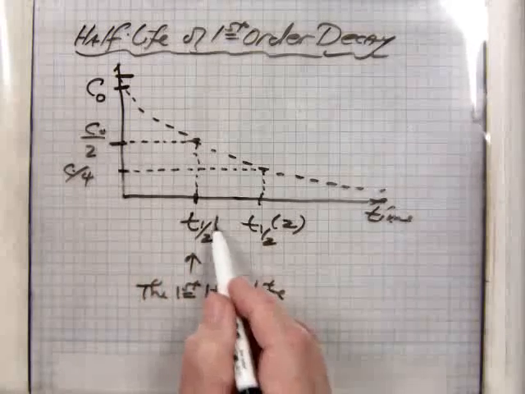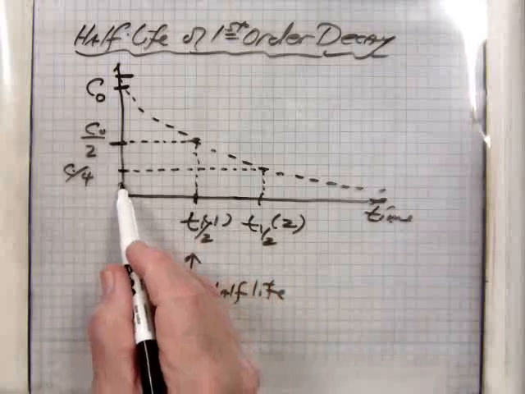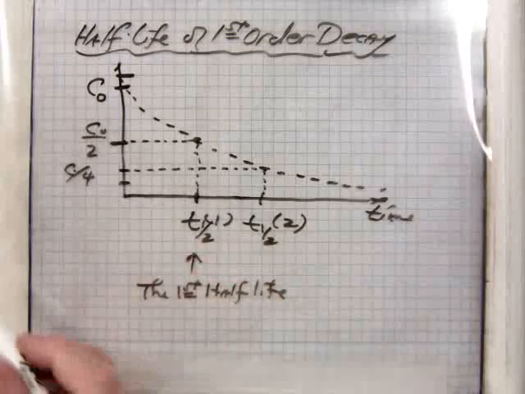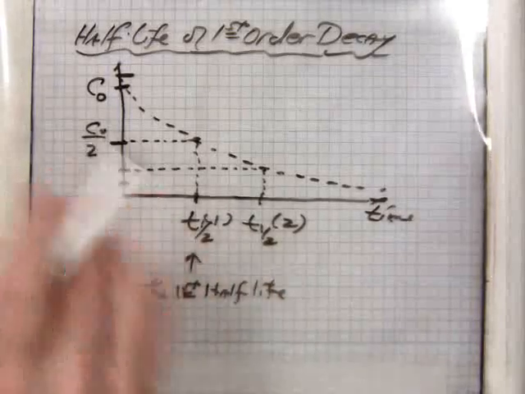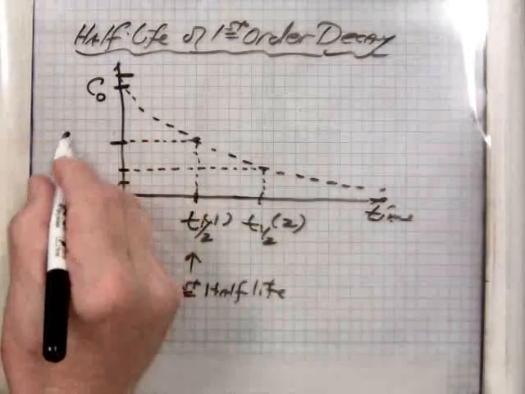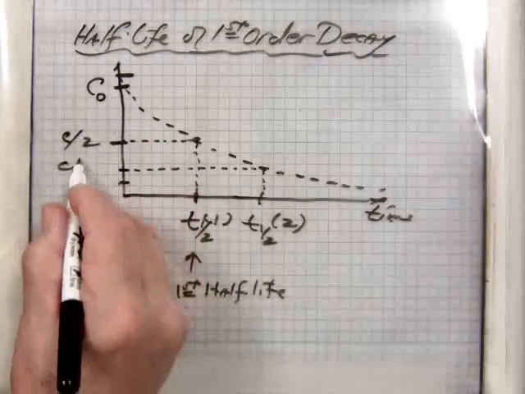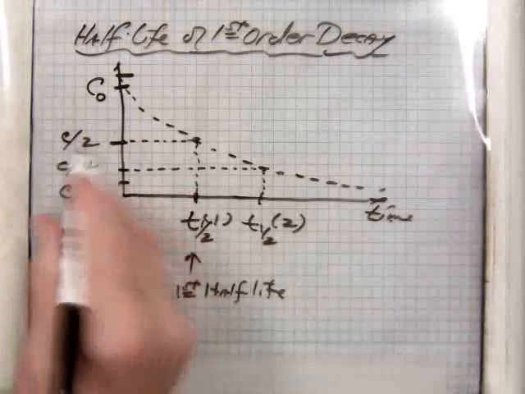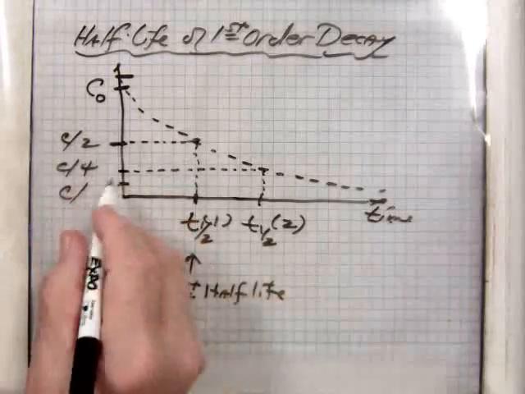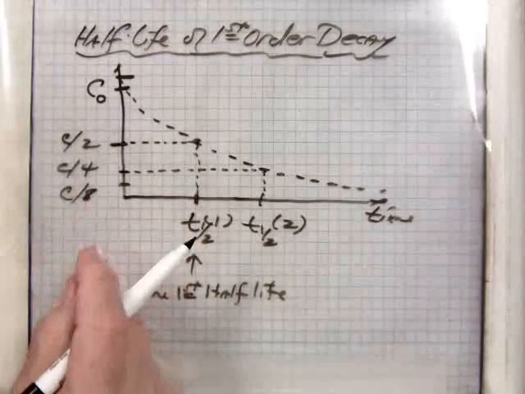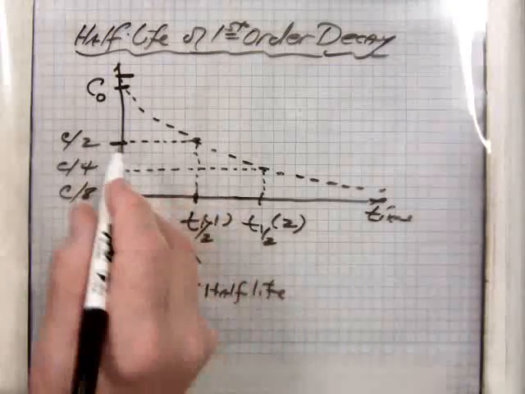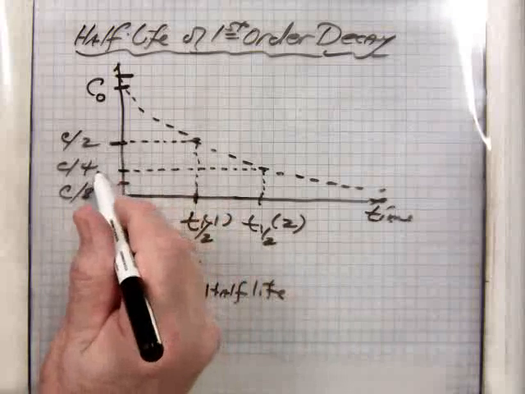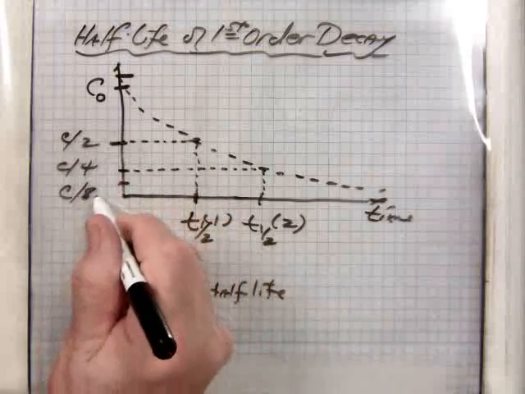I can put a 1 in that one. And then if you went three times this, you cut it in half again, one eighth. Let's see, 2 to the 2 is 4, and 2 to the 3 is 8, right?